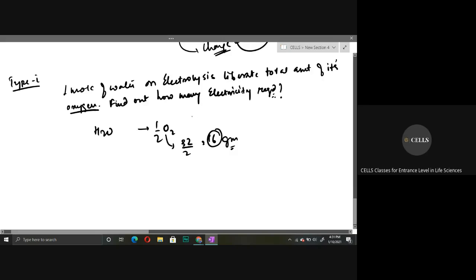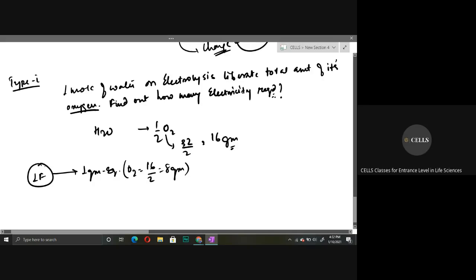Now we have studied that if you give 1 Faraday amount of electricity, you will get 1 gram equivalent weight. For oxygen, the gram equivalent weight is 16 by 2, as the valency of oxygen is 2. Atomic weight is 16, so it will be 8 gram.